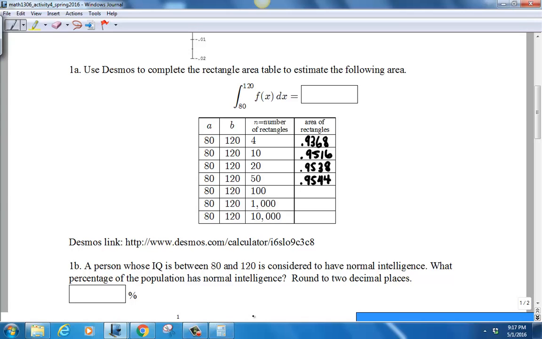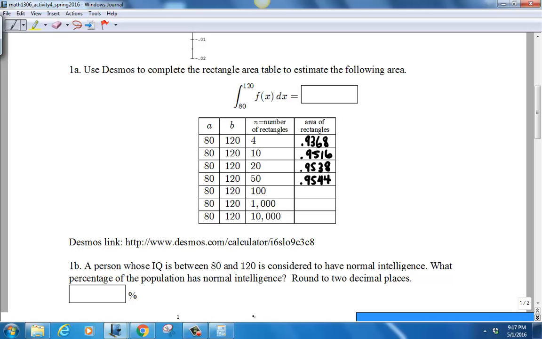We just want you to round to a couple of decimal places. We can already see that it's going to be around 95%, because we can already tell that about 0.95 of the population is going to fall between 80 and 120 beneath this curve.